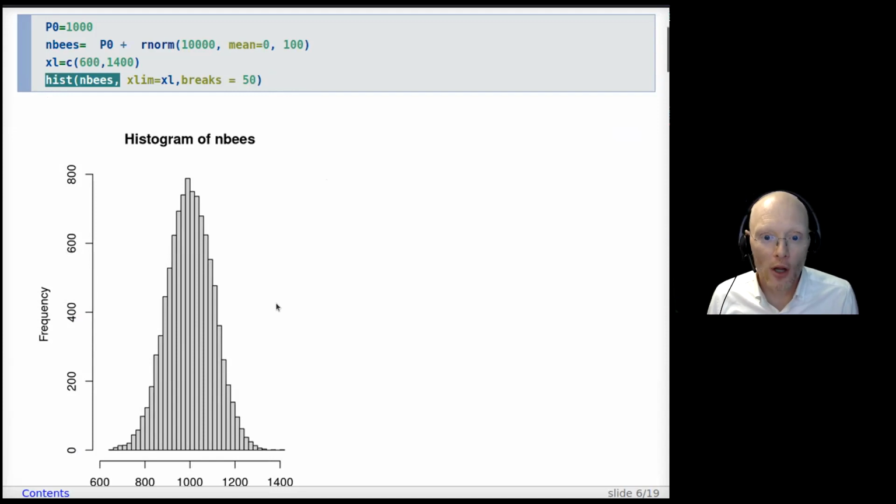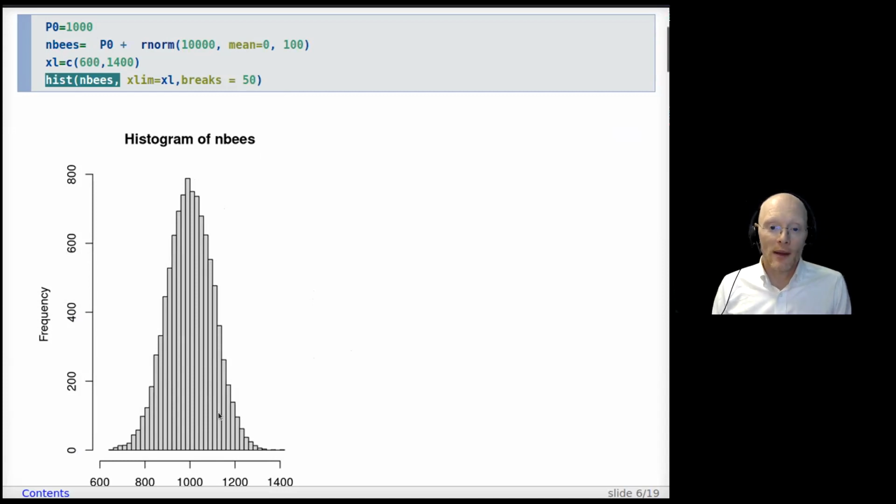Okay, so that was all an aside on our statistical language R here. But what have we got? We have plotted 10,000 draws from a normal distribution. So not surprisingly, the histogram looks like a normal distribution. It looks like a bell curve. The mean value of the bell curve is 1,000 because that's our starting value, and this distribution had a mean of 0 spread around it. And the width of this has a standard deviation of 100 bees.